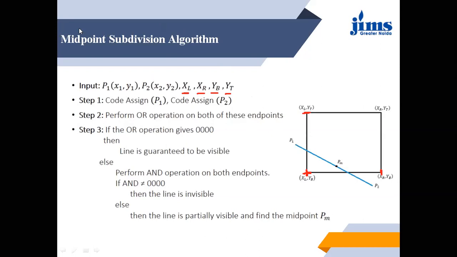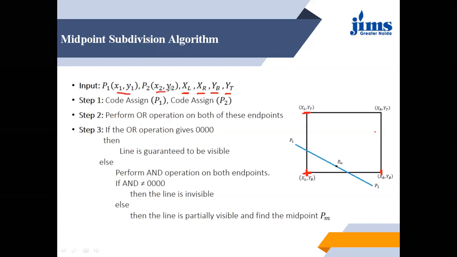So for the input, the size of the window as well as the coordinates of both the endpoints of the line will be given to us. For example, the coordinates of P1 are x1, y1 and of P2 are x2, y2.